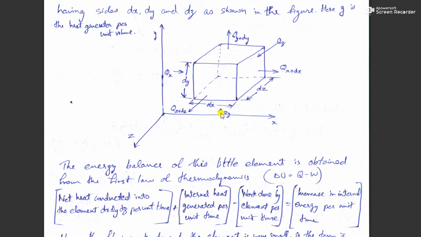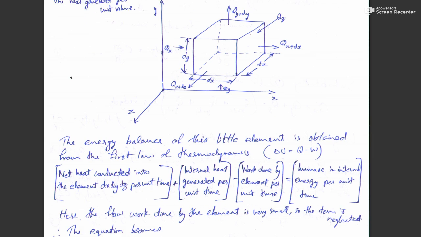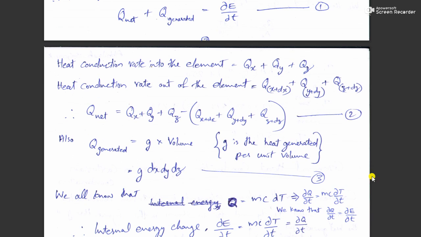In the y direction, we have a heat Qy coming into the element. And in the z direction, we have Qz coming into the element. So the heat conduction rate into the element is Qx plus Qy plus Qz.